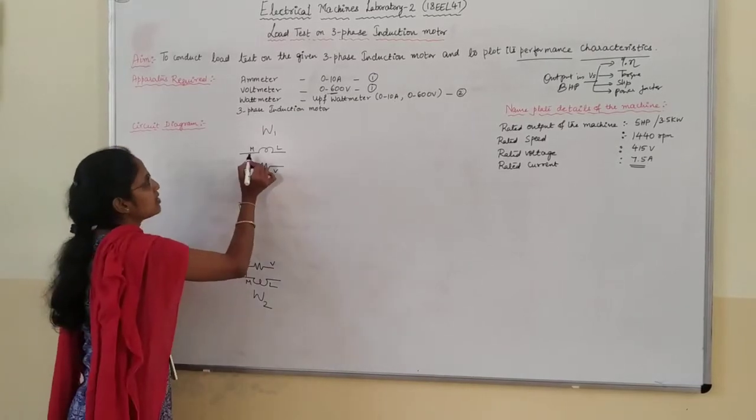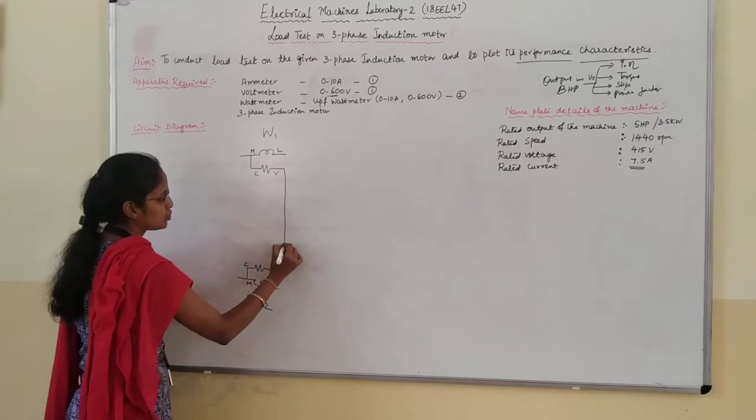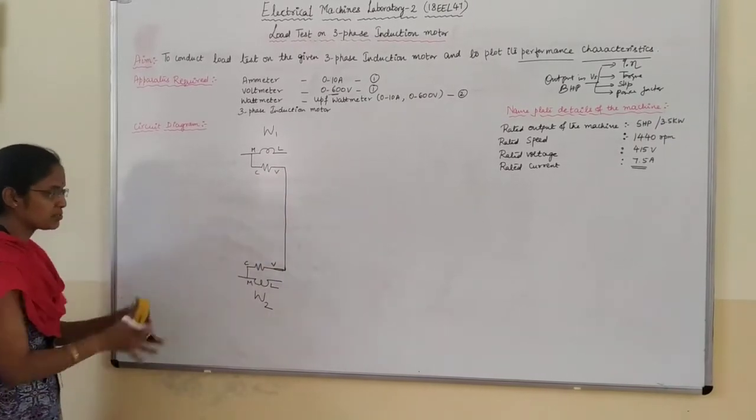This is the arrangement of the wattmeter, and as you all know, in the 2 wattmeter method the V terminals will be connected together. So this is about the wattmeter connections.